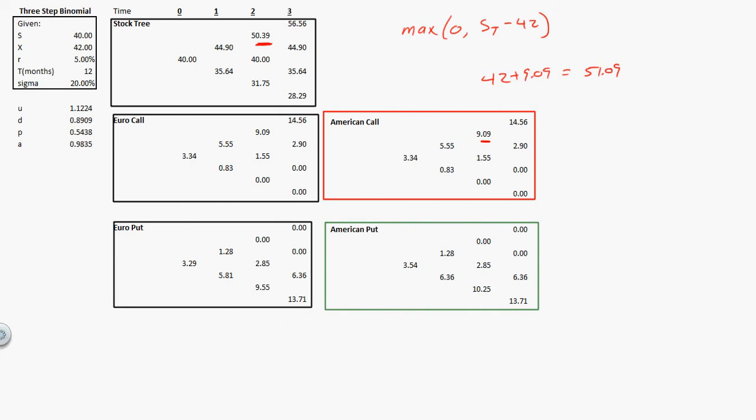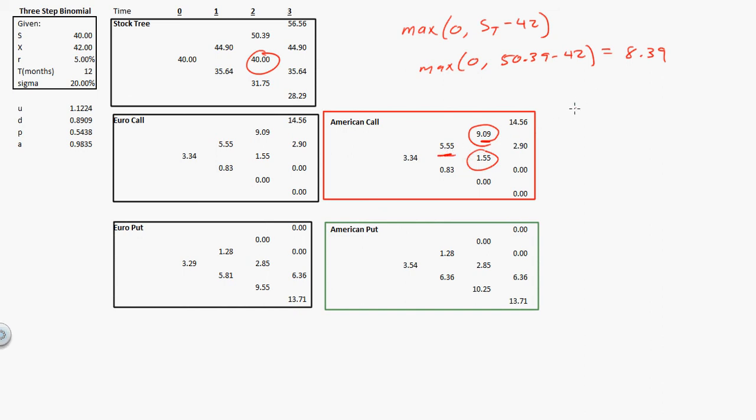The other way to look at it is this: it would be the max of 0 or 50.39 minus 42, which is $8.39. I'd rather keep the game alive than exercise. What about the $1.55? Well, the corresponding stock price is 40, and the max of 40 minus 42, no, that doesn't work.